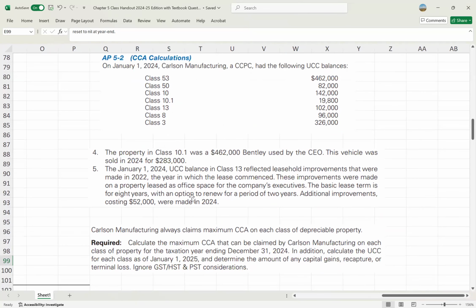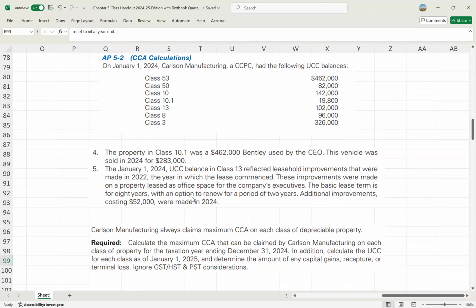The January 1, 2024 UCC balance in class 13 reflects leasehold improvements that were made in 2022, the year in which the lease commenced. These improvements were made on a property leased as office space for the company's executives. The basic lease term is 8 years with an option to renew for a period of 2. Additional leasehold improvements costing $52,000 were made in 2024.